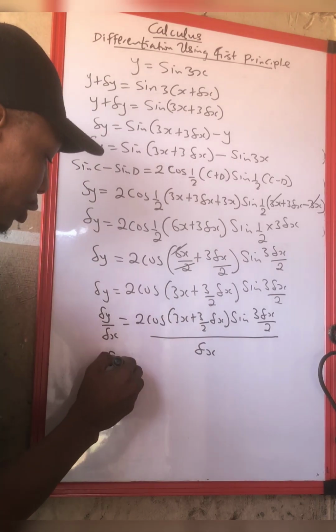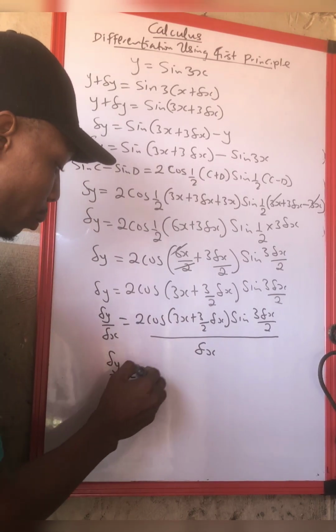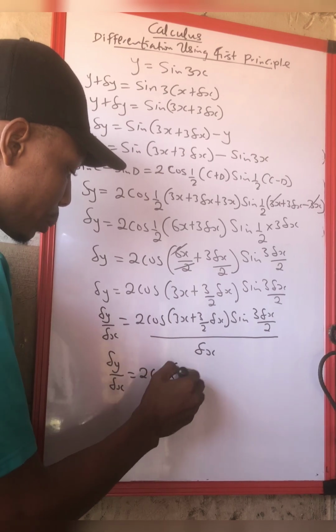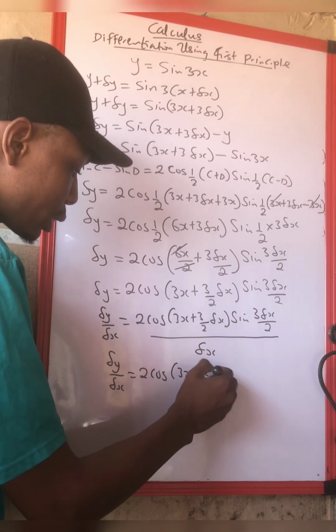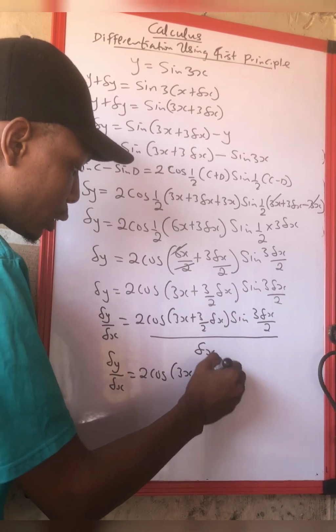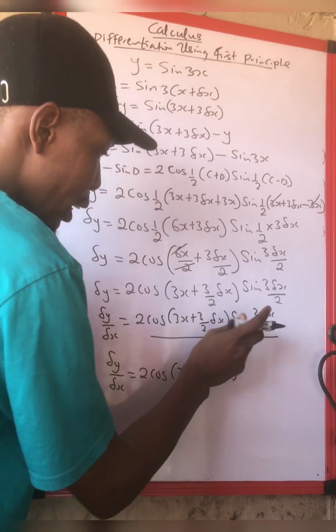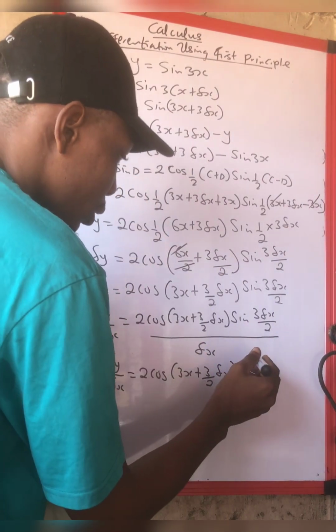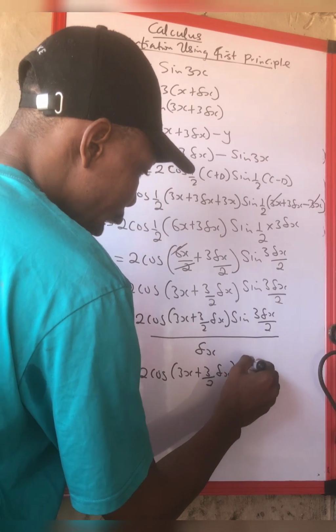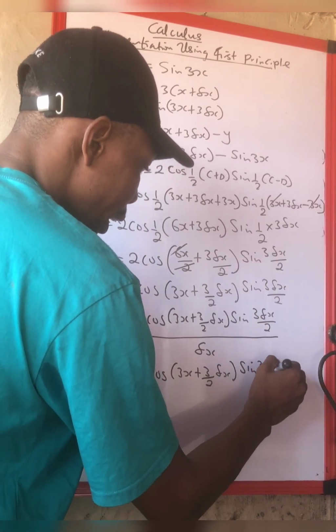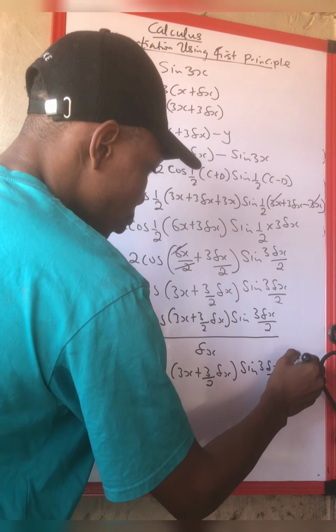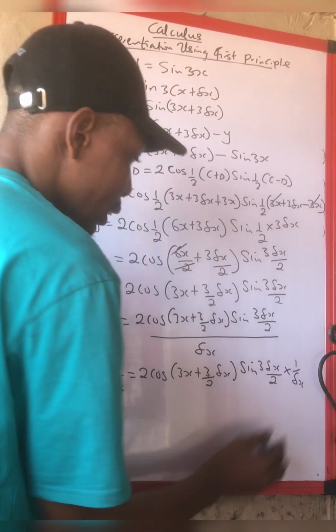So from there we have change in y over change in x equals 2 cos(3x plus 3/2 change in x), then this becomes sin(3 change in x over 2) times 1 over change in x.